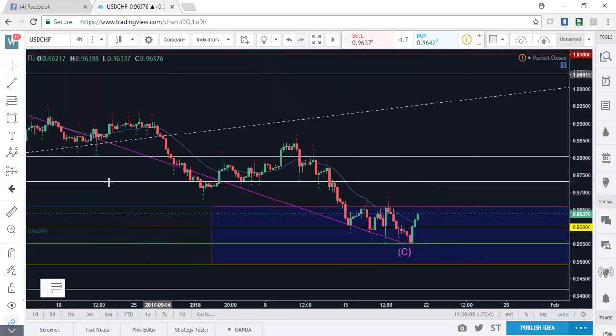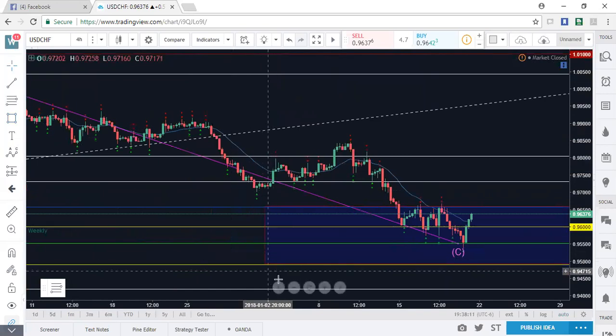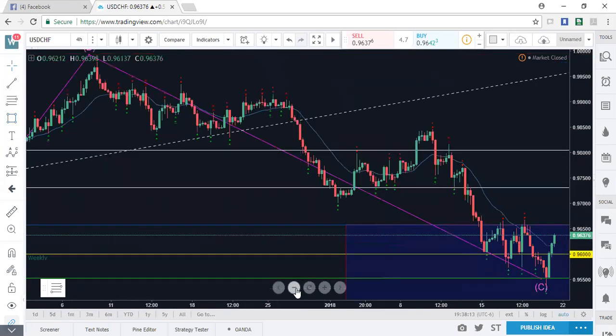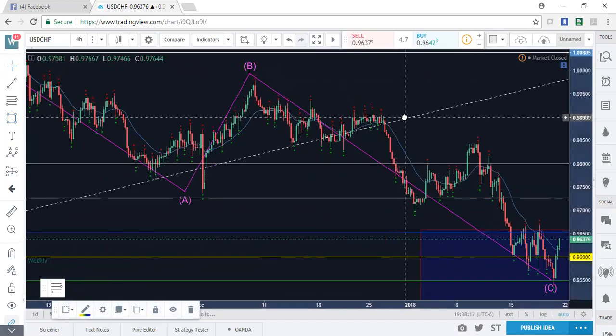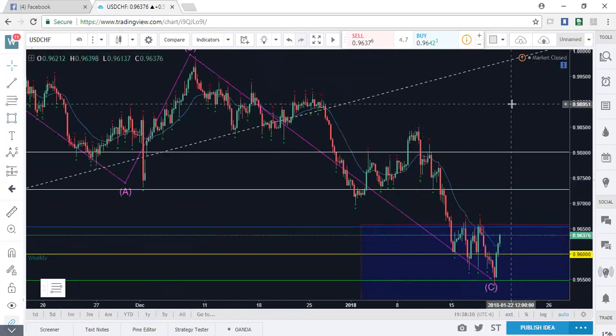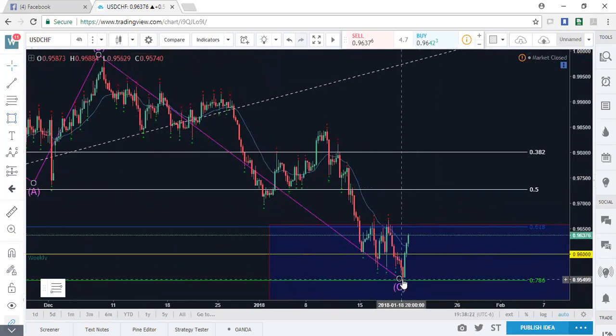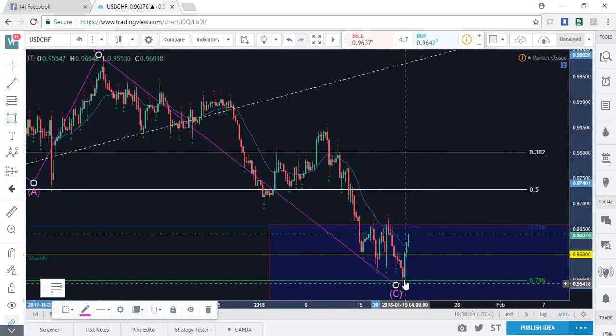If we walk this down to the 4-hour chart, this is where you begin to get your wick entries or your quote unquote perfect entries, and things like that.